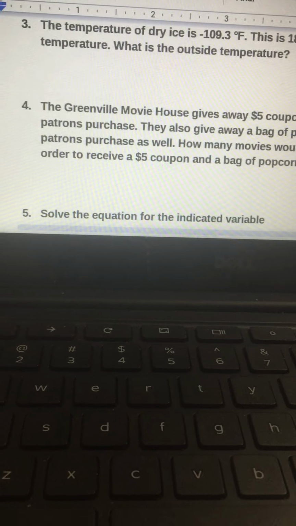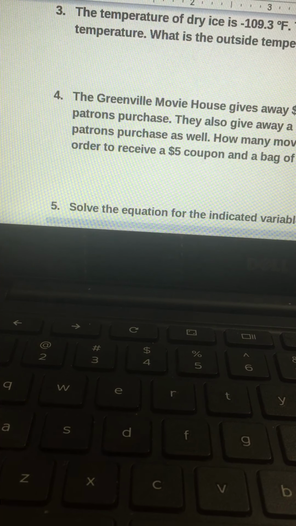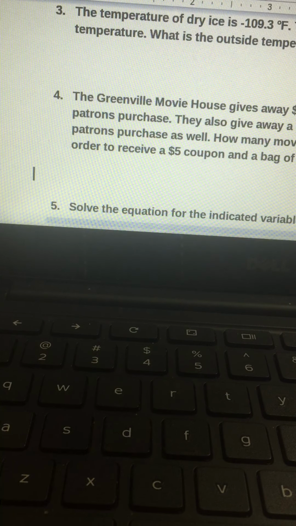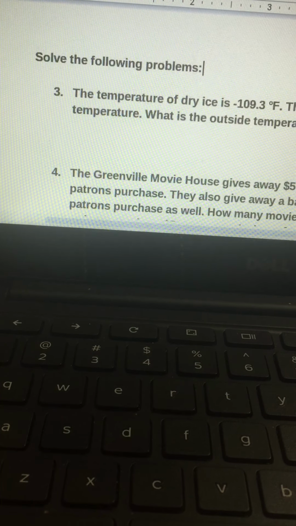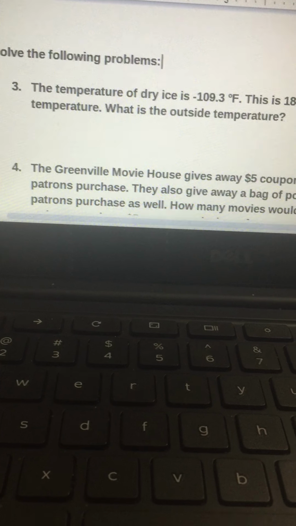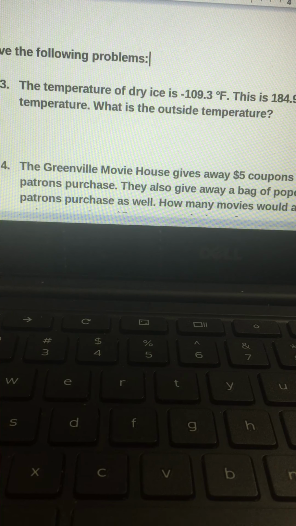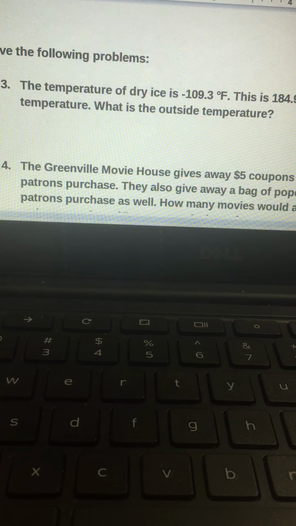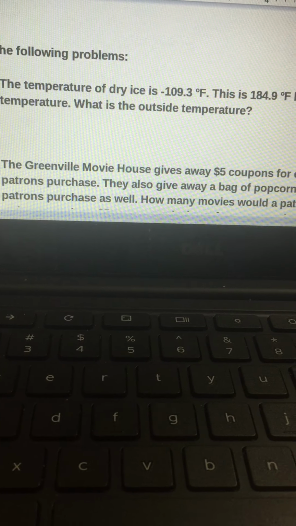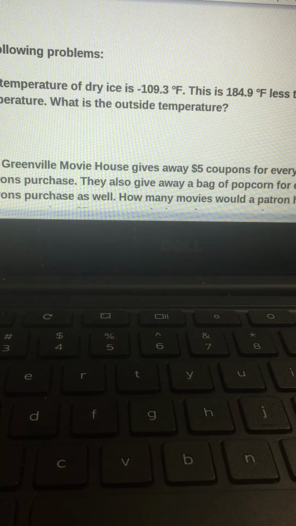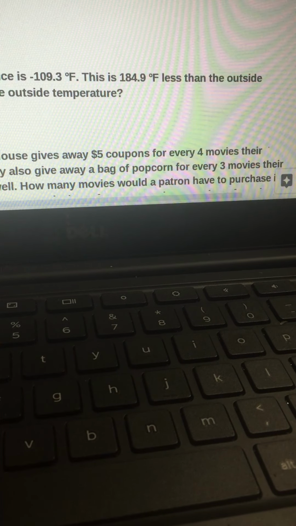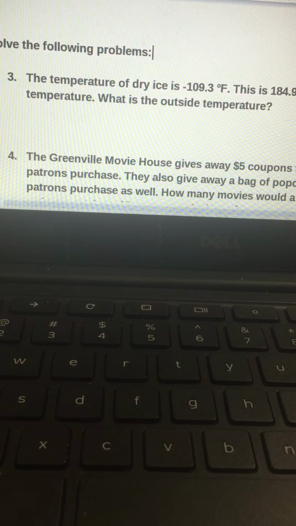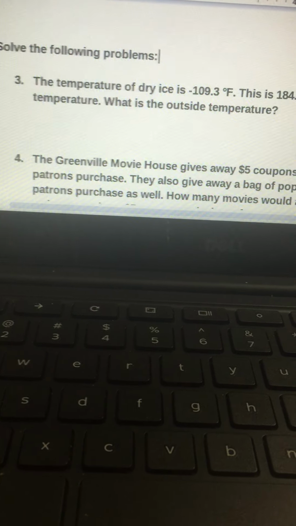So it says, the temperature of dry ice is negative 109.3 degrees Fahrenheit. This is 184.9 degrees Fahrenheit less than the outside temperature. What is the outside temperature?